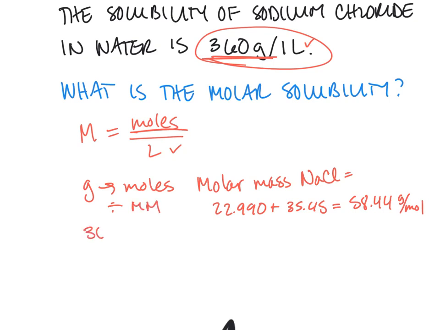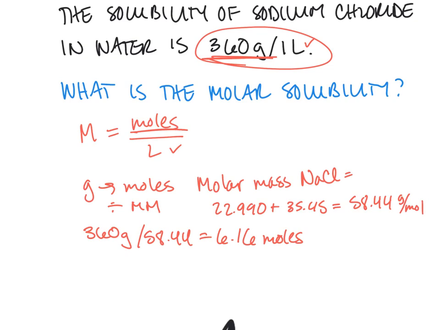So I'm going to take my 360 grams and divide it by 58.44, which is the molar mass of sodium chloride. So 360 divided by 58.44, and you get 6.16 moles.